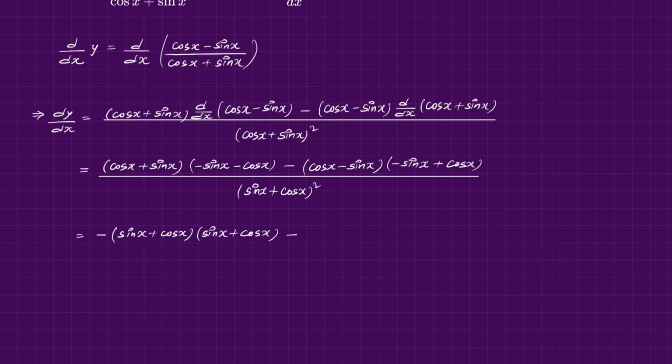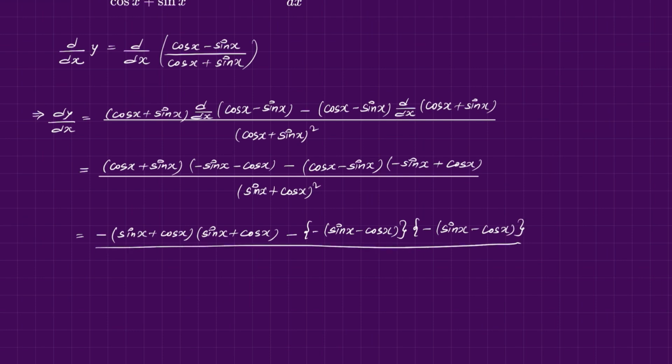Here let us take out minus common from both the brackets, so it will be minus of sin x minus cos x, and from here also let us take out minus common, so it will be sin x minus cos x, whole divided by sin x plus cos x whole square.